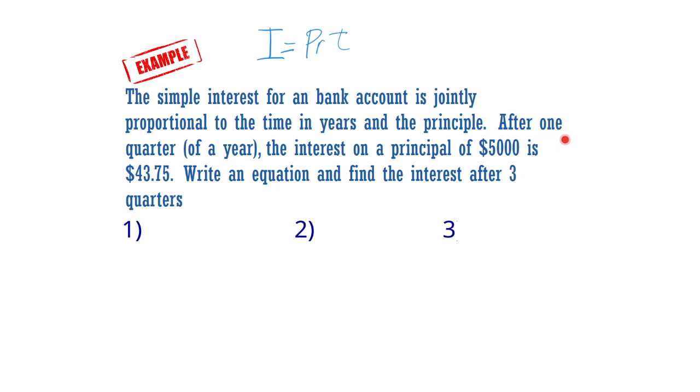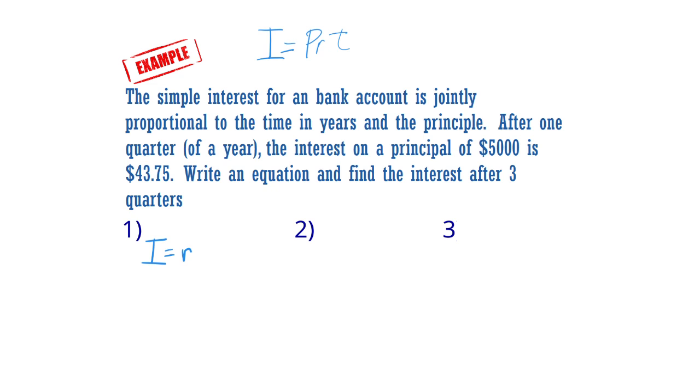After 1/4 of a year, the interest on a principal of $5,000 is $43.75. Write an equation and find the interest after 3/4. All right, let's start off by maybe rearranging this. I'm going to do I equals, I don't know what the rate is.